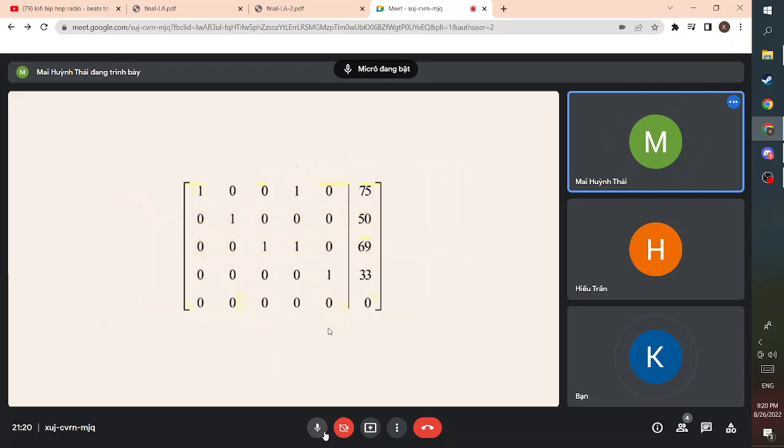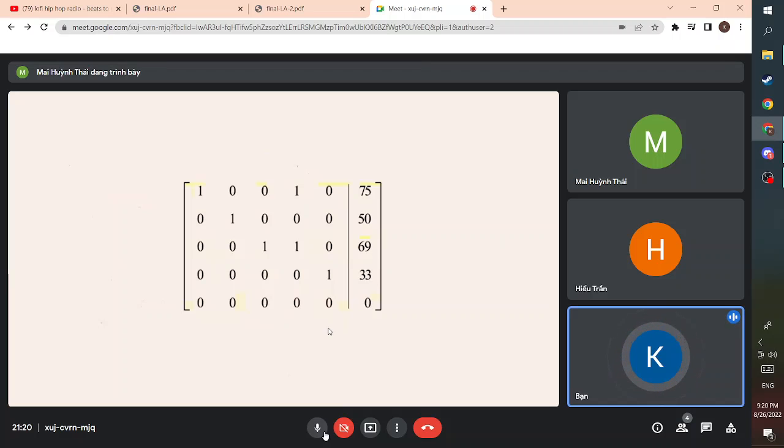From now on, this matrix is in an equivalent form. You can see column 1, column 2, column 3, and column 5 only have one leading entry. These are also pivot columns.